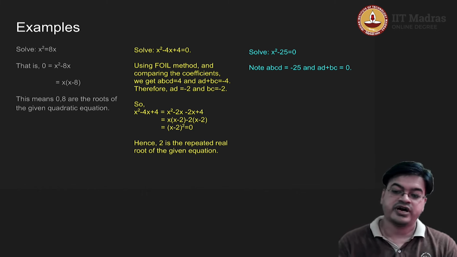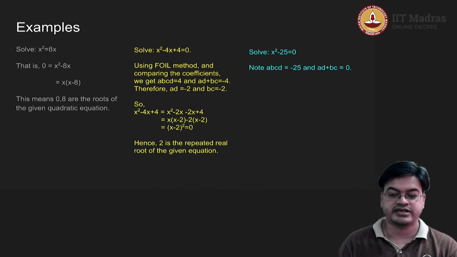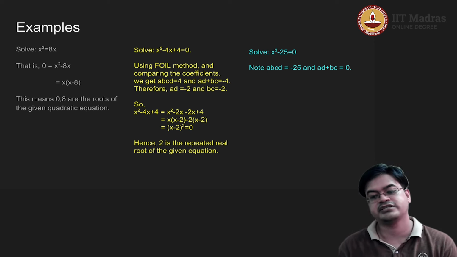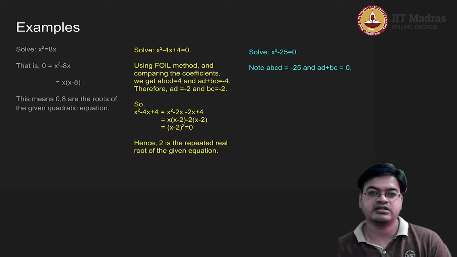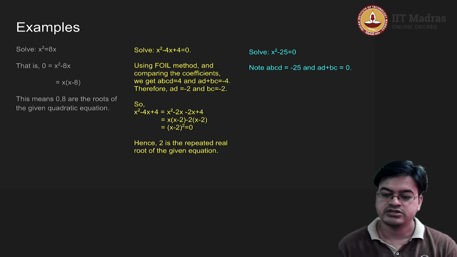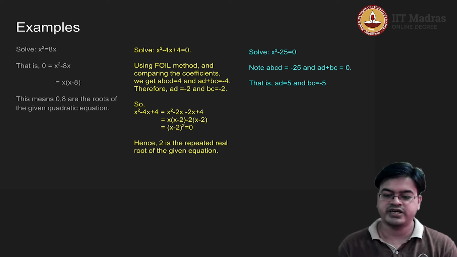Right? 25 is a perfect square. So 5 into 5 is the factorization, but minus 25 is there. So one 5 will be with a positive sign, another 5 will be with a negative sign. So AD can be plus 5 and BC can be minus 5 or vice versa, it doesn't matter. Substitute this knowledge into this expression.